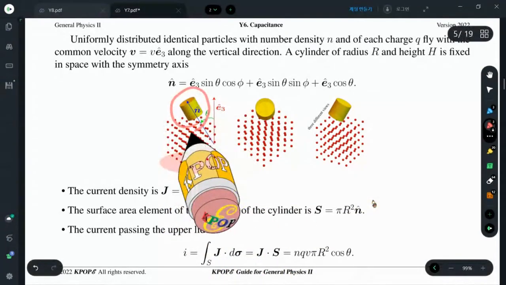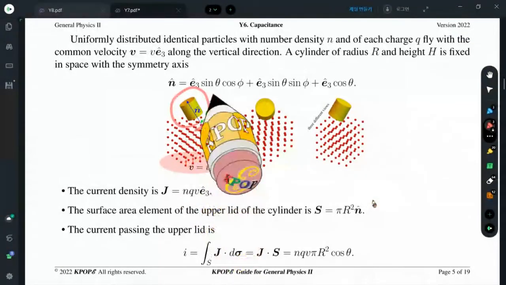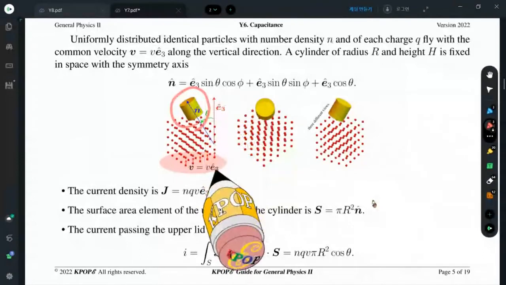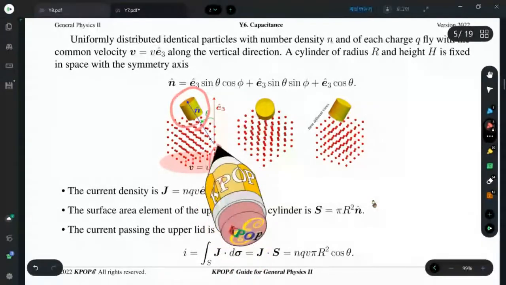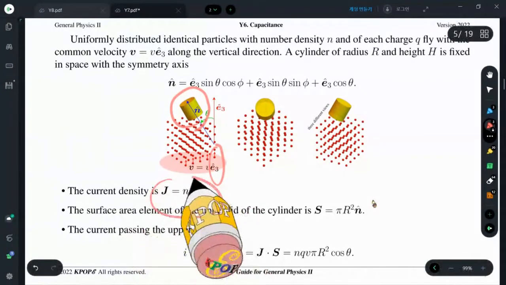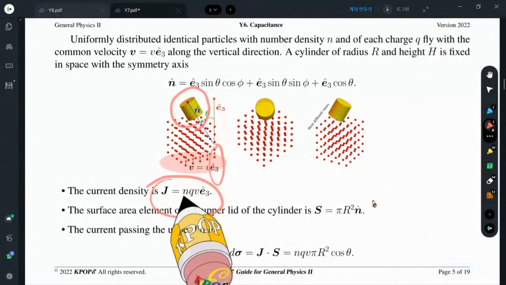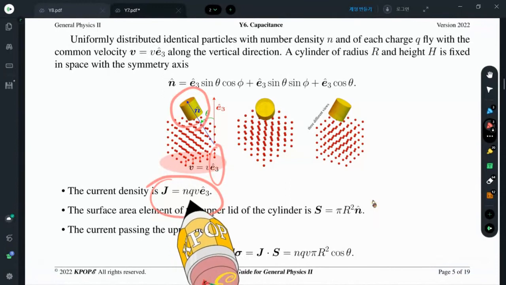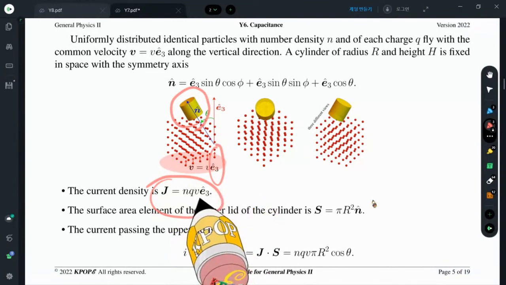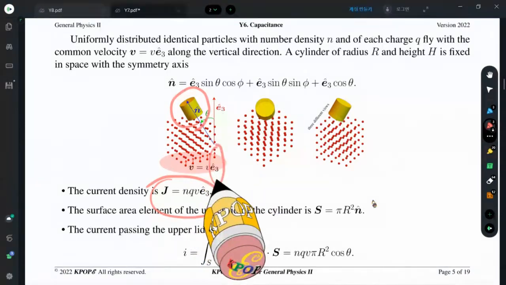There is a cylinder that has some angle with respect to the z-axis, which is parallel to the velocity of each particle. We remember the current density is rho times v, and rho is the number density multiplied by its charge, and velocity is the speed multiplied by the unit vector along the z-axis.